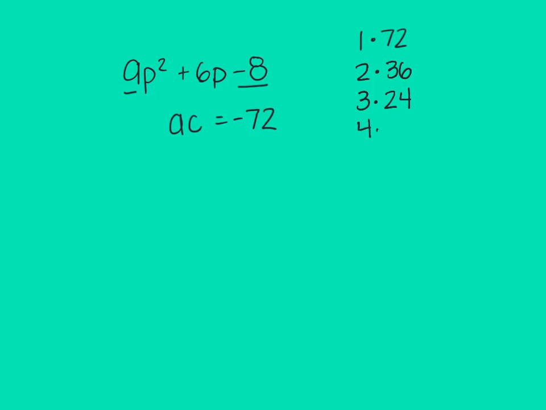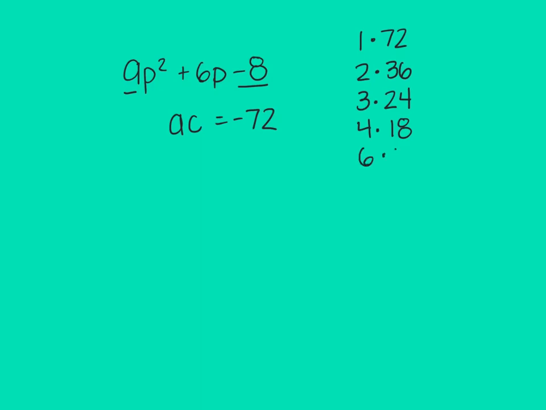Next we'll have 4 times 18, I'm adding 4 and 18, no way I can make 6 with that. Next up 5, and 5 doesn't multiply by anything to make 72, since this ends in a 2. If it could divide by 5, it would need to end in a 0 or 5. So I'm going to get rid of the 5.